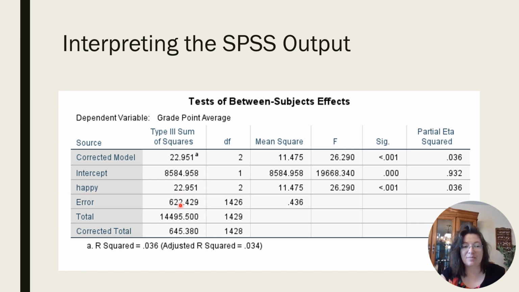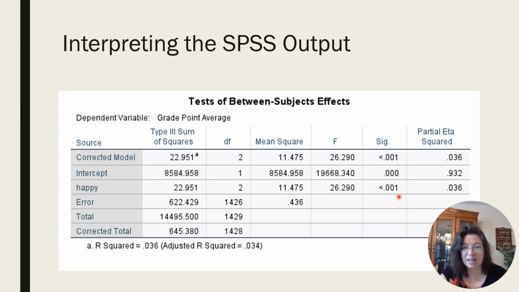So happy has an F statistic of 26.29 and a significance value of less than 0.001. So we can say that, yes, there is a significant difference in people's GPA based on their level of happiness.